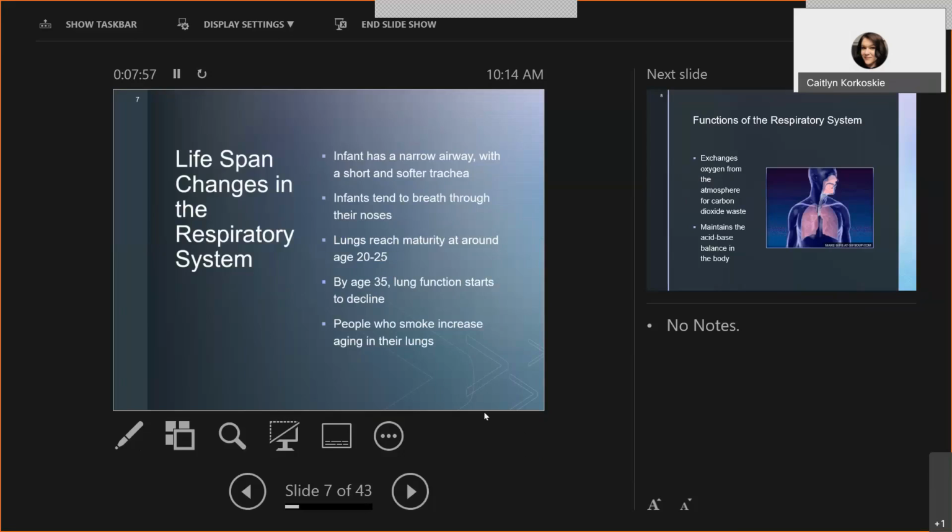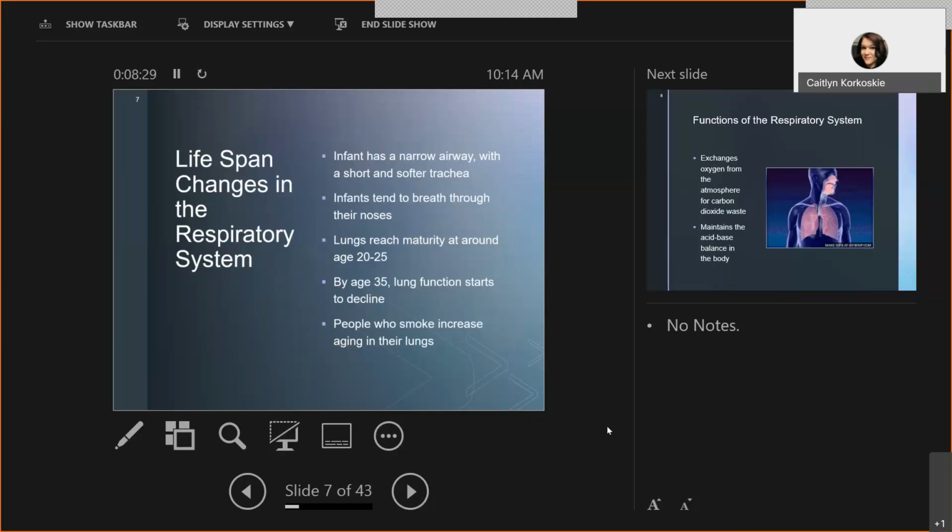The lungs reach their official maturity age at 20 to 25. Basically your lungs are still developing until about 20 to 25, and then it's not that they're not fully developed, but they don't need to develop.